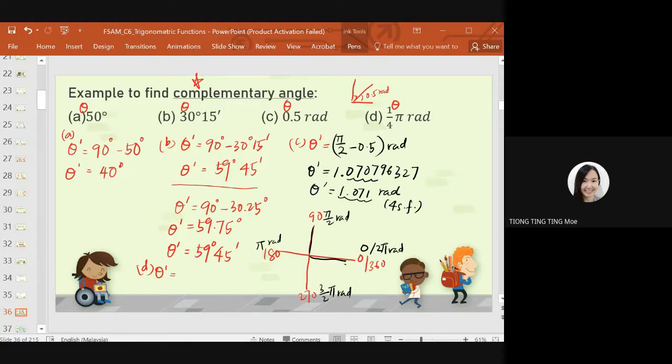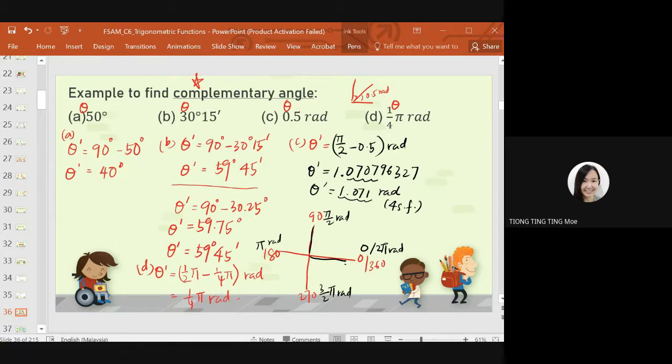Okay, the complementary angle for 1 over 4 pi radian is 90 degrees, or changed to radian, 1 over 2 pi radian minus 1 over 4 pi radian. Radian, so 1 over 2 minus 1 over 4 is 1 over 4 again. 1 over 4 pi radian.